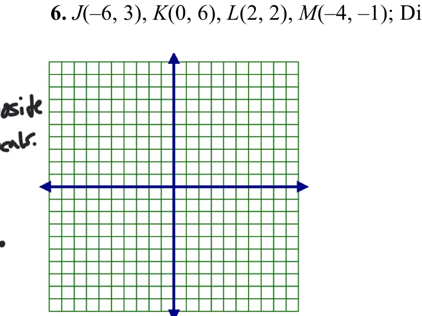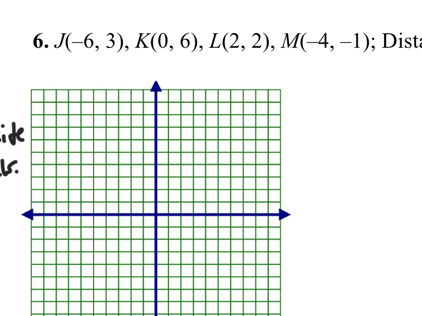So let's go ahead and plot our points here. Let's plot point J. That's negative 6, 3, so 1, 2, 3, 4, 5, 6, up 1, 2, 3, plot a point. K is 0, 6, so 1, 2, 3, 4, 5, 6. L is 2, 2.